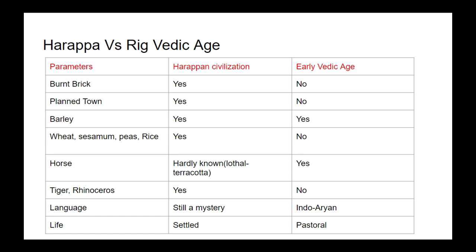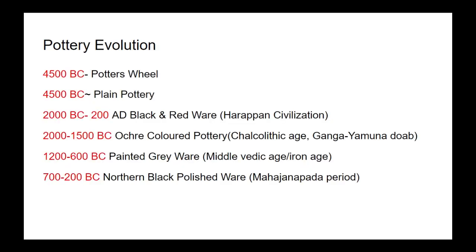So this is the end of Harappan civilization. But before ending, let's have a look at pottery evolution. Around 4500 BC, we find pottery wheels, and from 4500 BC it was mainly plain pottery that existed at that time.